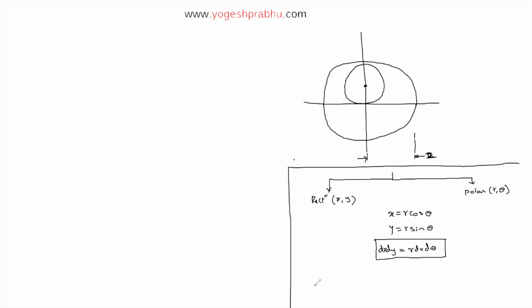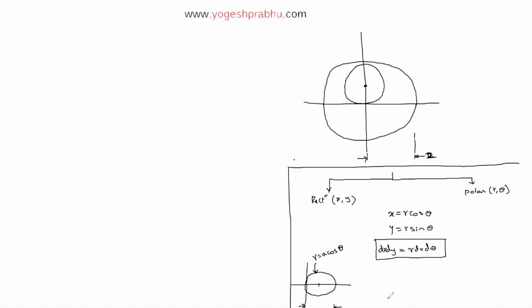Okay. Now, if you have a circle like this, with a diameter a, not radius, diameter a, then this circle's equation is r equals a cos theta.